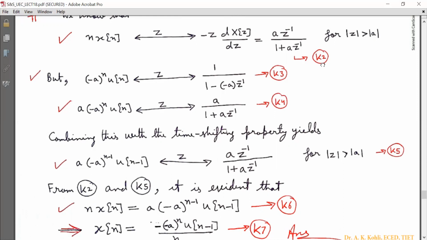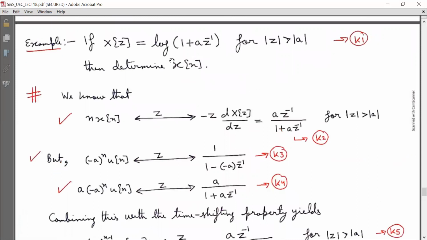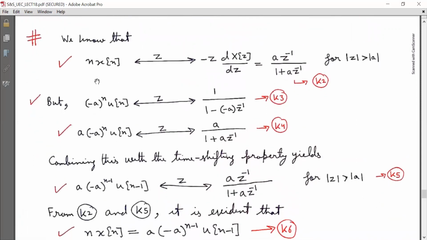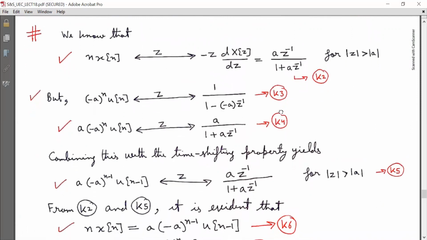Now look at equations K2 and K5. From K2 and K5, it is evident that when we take the Z transform of n x[n], we get a z^-1 divided by 1 + a z^-1, when X(z) is log(1 + a z^-1). So n x[n] has Z transform a z^-1 divided by 1 + a z^-1.